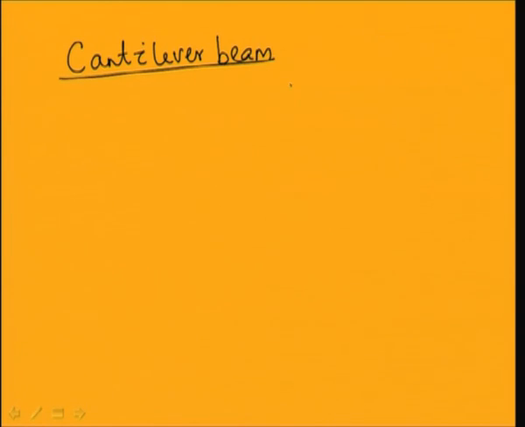In the case of a cantilever beam, one end is fixed and the other end is free. At the fixed end, you have the geometric boundary conditions: displacement equal to 0 and slope equal to 0.